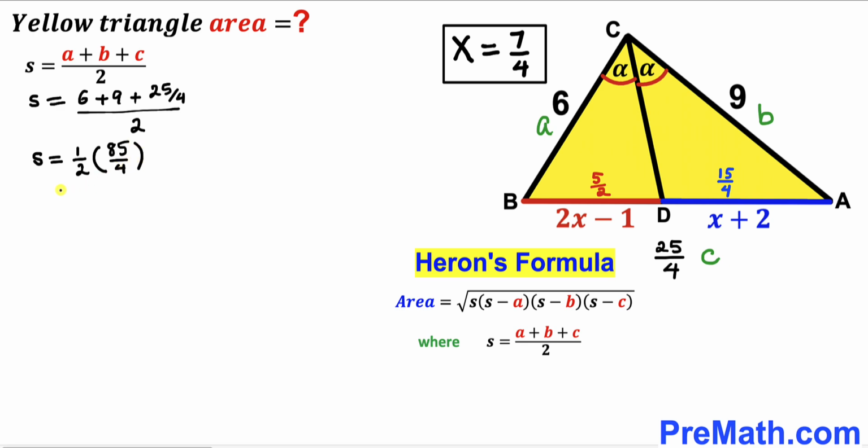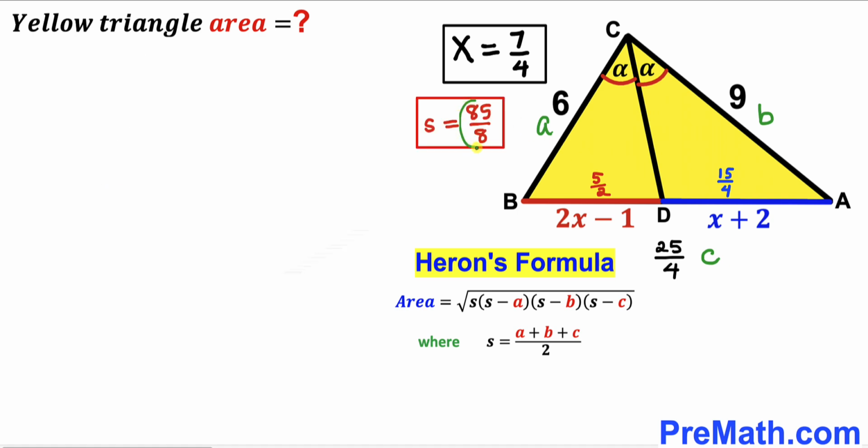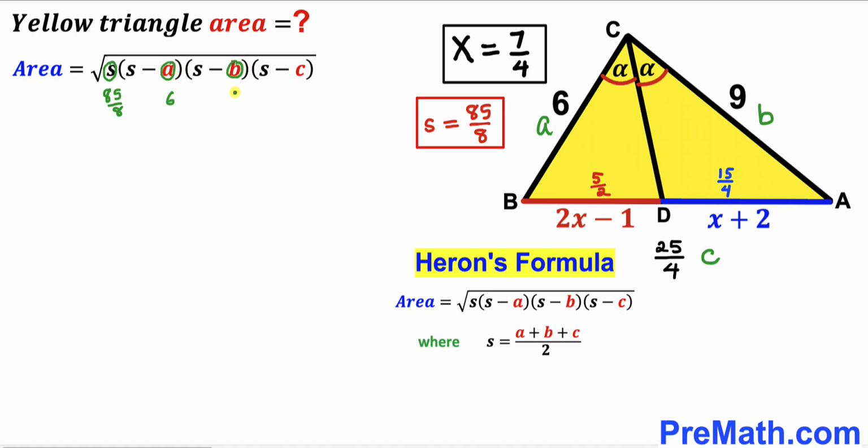If we multiply and simplify, our s value simply turns out to be 85 divided by 8. Now we are going to substitute all these values. I'm going to replace s with 85 divided by 8, a with 6, b with 9, and finally c with 25 divided by 4.